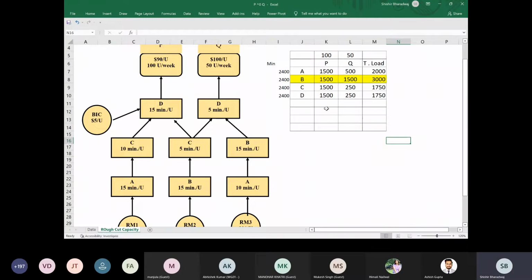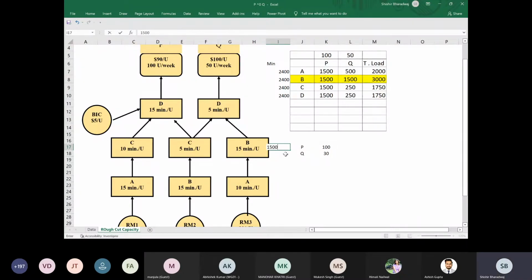So let's assume that just because I have a capacity constraint, I cannot make Q and P all together. I decide to make P first and Q next. I will make 100 of P, which will consume 1500 minutes of B. Is that clear? 1500 minutes are gone here.